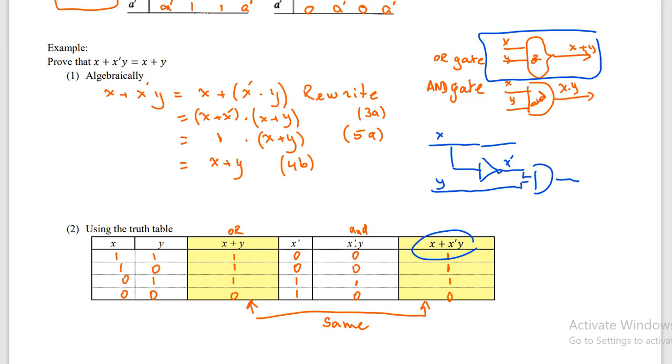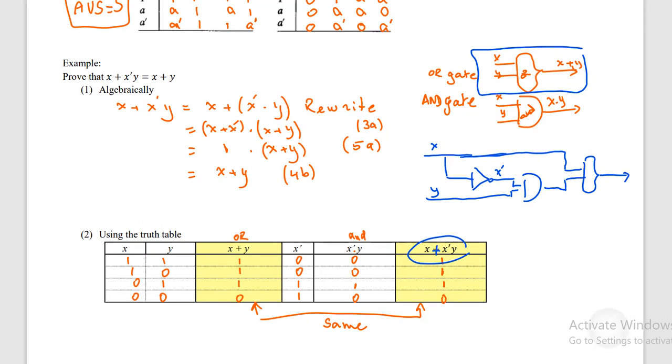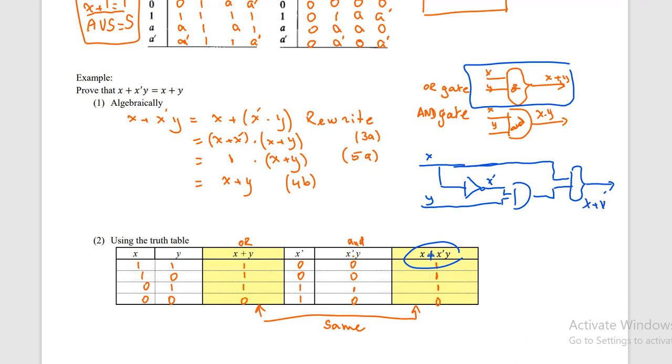And then between the X and this X naught Y, it will go through an OR gate, which is this symbol here, plus. And then finally, it will give you that expression at the end. This is basically X plus X naught Y. So which is better, as I said earlier, to design this or to design this one? Because for the same input XY, 0, 1, 1, 0, 1, 1, 0, 0, you get the same output.